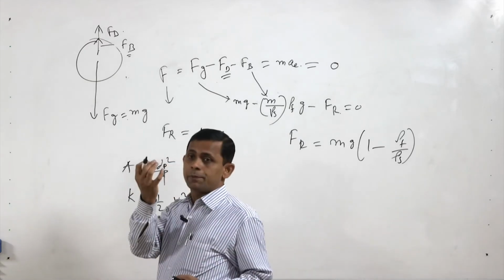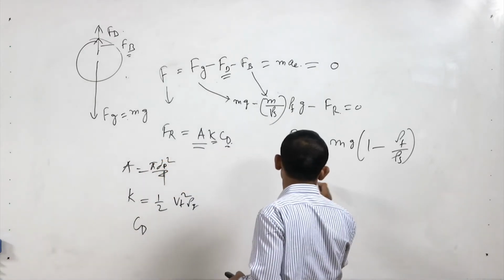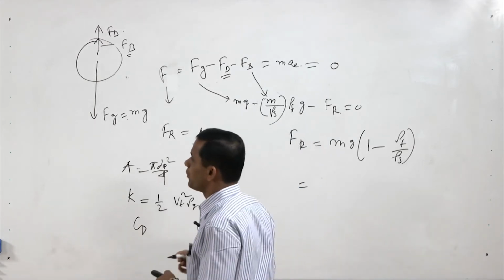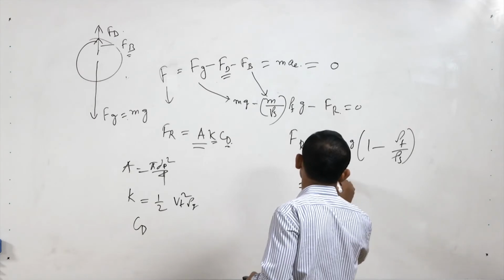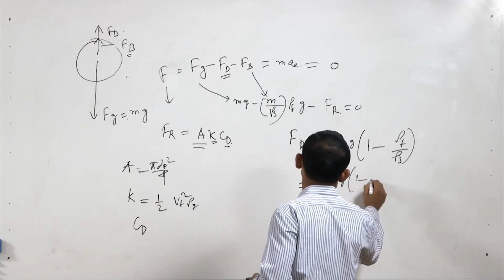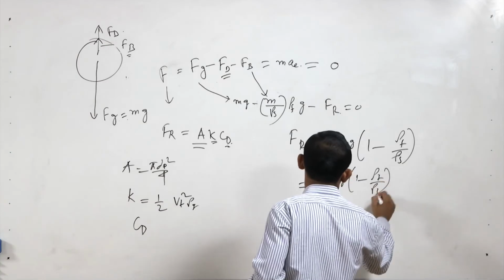If the particle is spherical, then m is equal to pi by 6 dp cube, so Fr is pi by 6 dp cube g into 1 minus rho f by rho s.